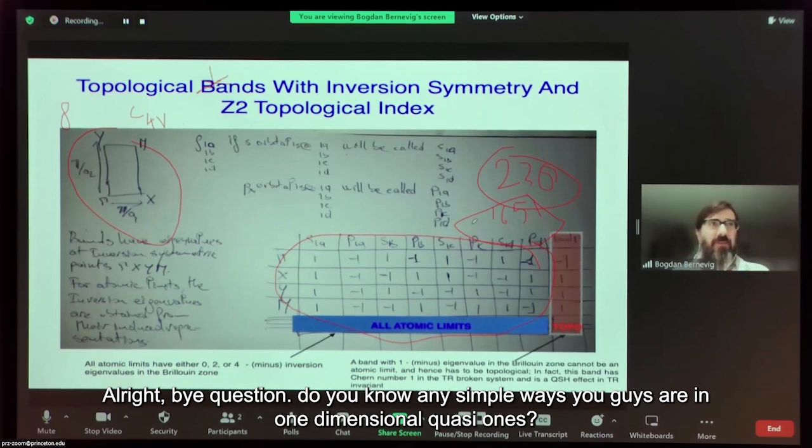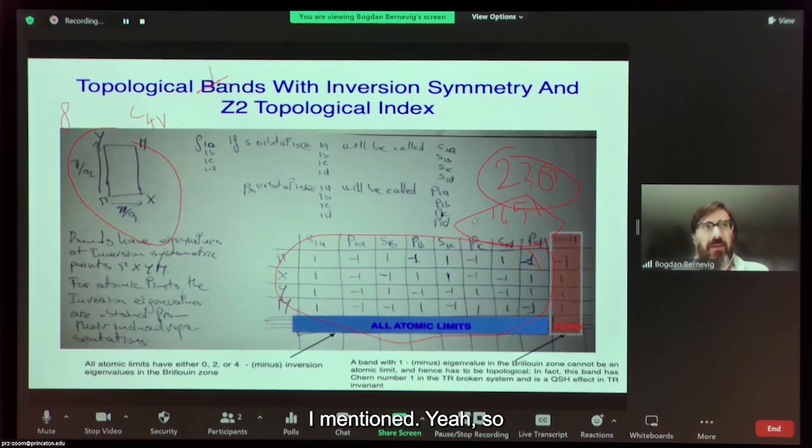And now I haven't thought about line graphs that we have, but the problem is that one dimension doesn't have topology. Yeah. Unless you put, so I think most of the flat bands that you get in one dimension, unless you have particle hole symmetry, most of the flat bands without particle hole symmetry which you get in one dimension are going to be dimerized, basically, or some sort of dimerization, which are basically atomic flat bands, obstructed atomic.